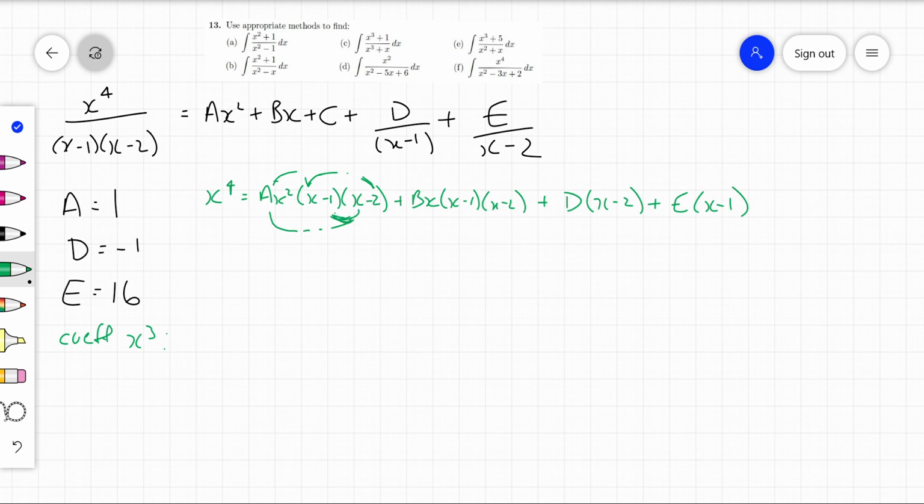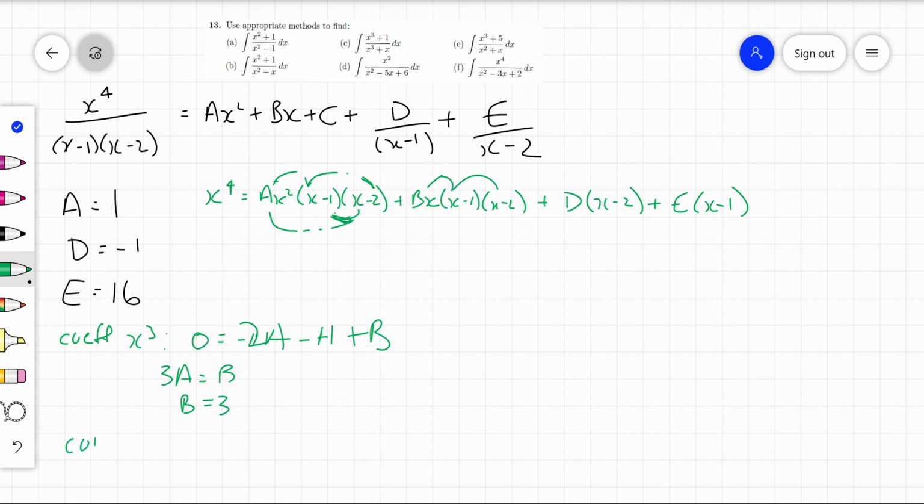So of course it's 0 on the left, so I've got 0 equals a -2a, yeah, a -a, and the b will also give me an x cubed, but none of the d's or e's would. So here I've got 3a equals b, and a is 1, so b must be 3. So now we've got b.